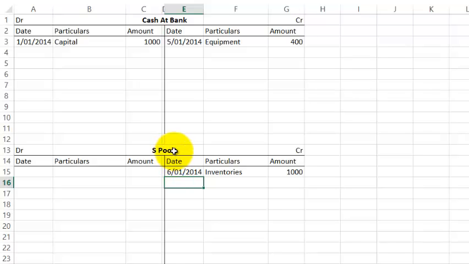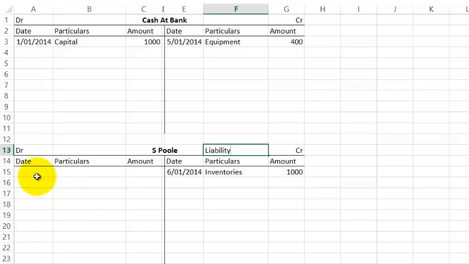S Pool is a liability. Okay, so it's a liability account. So by its nature, any increases to a liability account would appear on the credit side, as you've seen me put that in. All right.